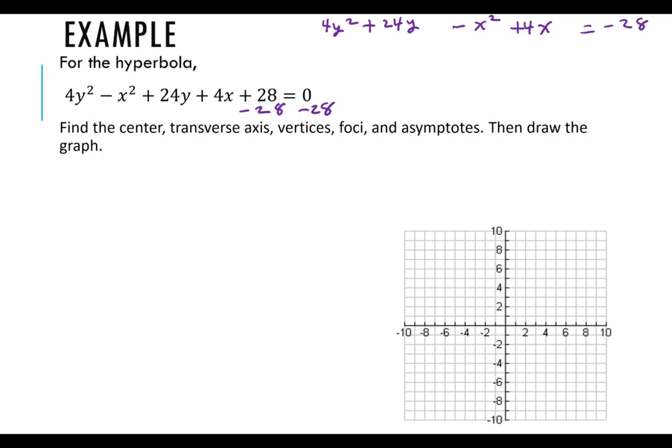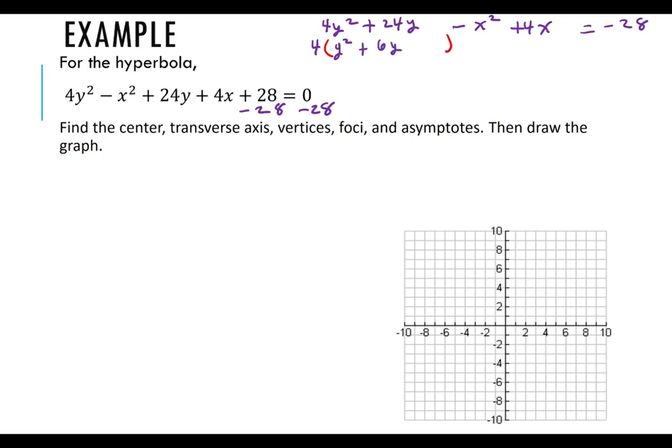Now, we do have to be a little bit careful. The deal is that we're going to have to factor. And so we're going to do the same thing we did previously. I'm going to factor out the greatest common factor, or the leading coefficient of the squares. And so here I need to factor out a 4. When I factor out a 4, what are we going to be left with? Well, 4y squared divided by 4 is y squared, plus 24 divided by 4 is 6y, leave some space.